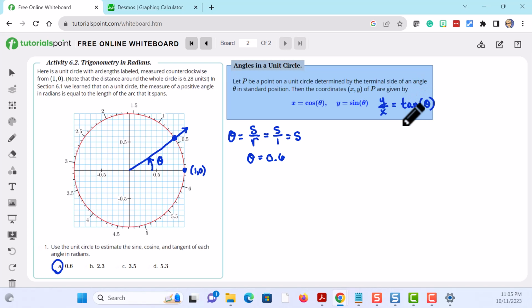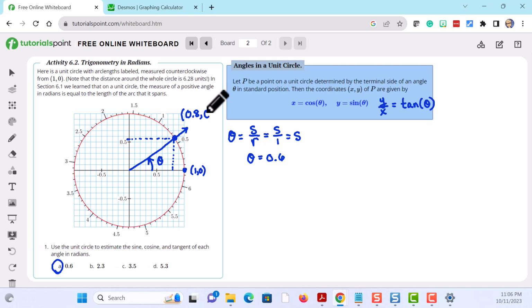So in order to find these values, we just need to label the coordinates of the point on the unit circle. So if we drop a vertical to the x-axis, we can see that it corresponds with 0.8. And if we look across horizontally to the y-axis, we see that the y value is between 0.5 and 0.6.